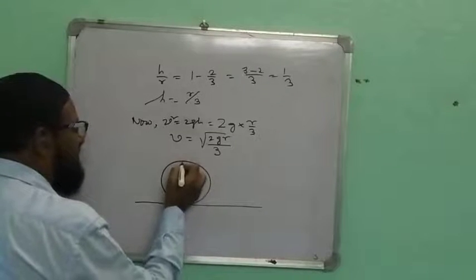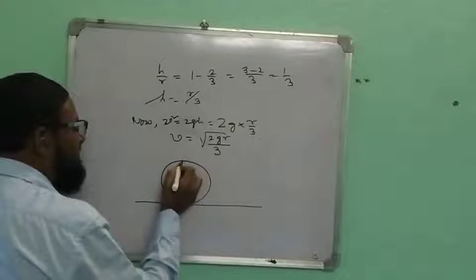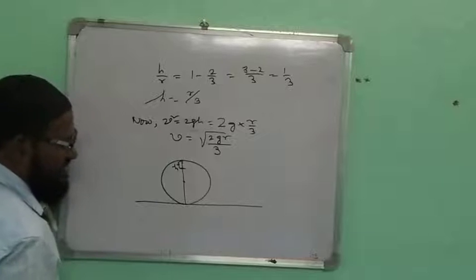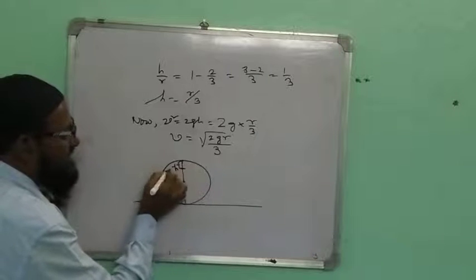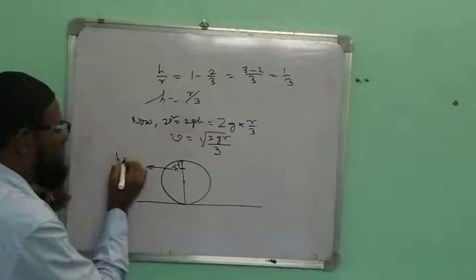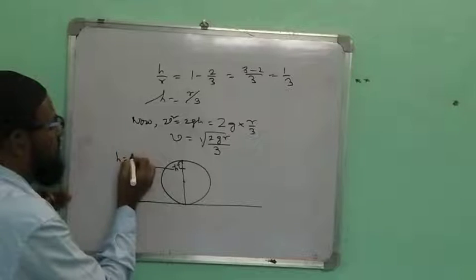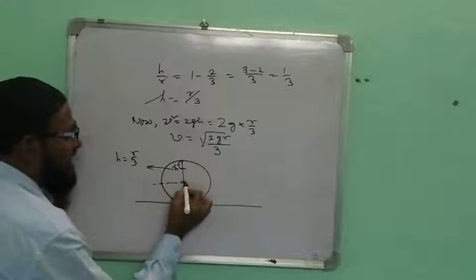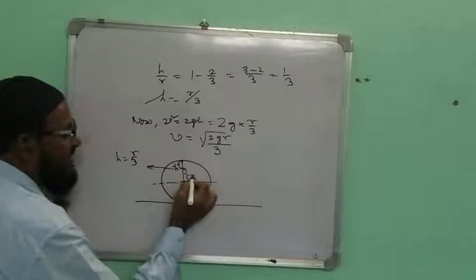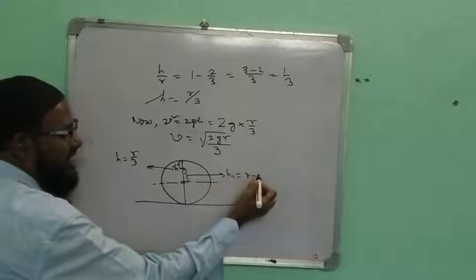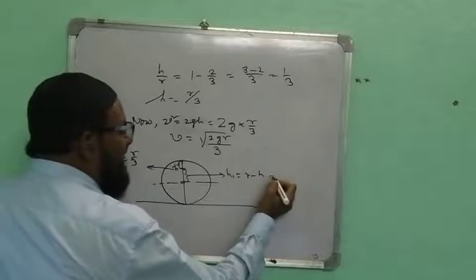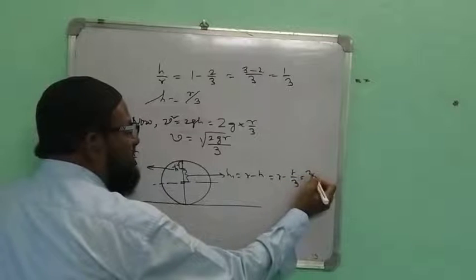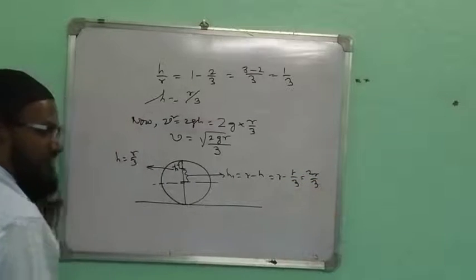Here to here I have taken h, and this h equals R by 3. Suppose this is the center. In this case, h1 is R minus h, which is R minus R by 3, that is 2R by 3. This is the answer.